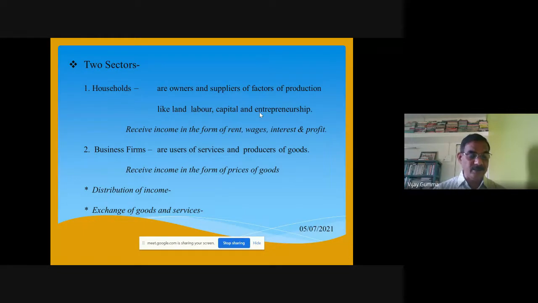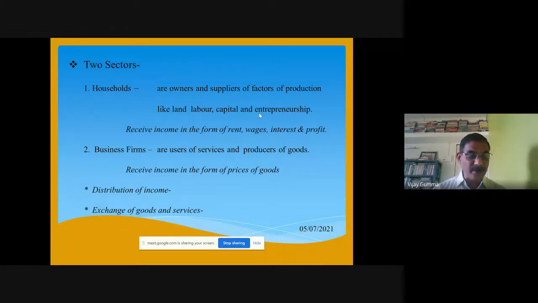And lastly, exchange, that is buying and selling of goods and services. Business firms, by using the services of factors of production, produce goods and services and supply them to the household sector through the commodity market.